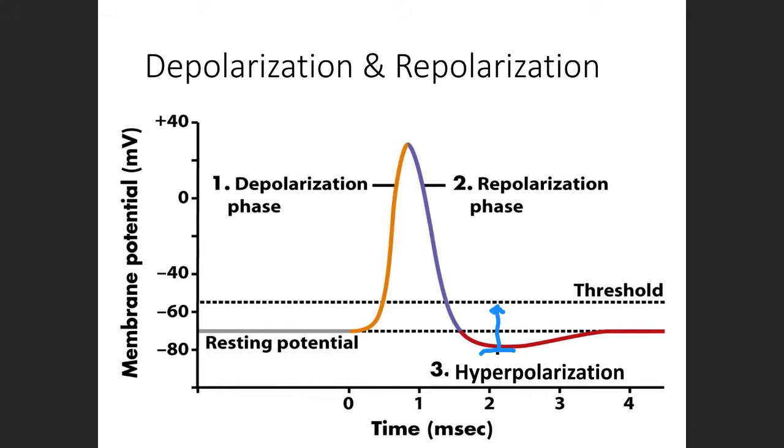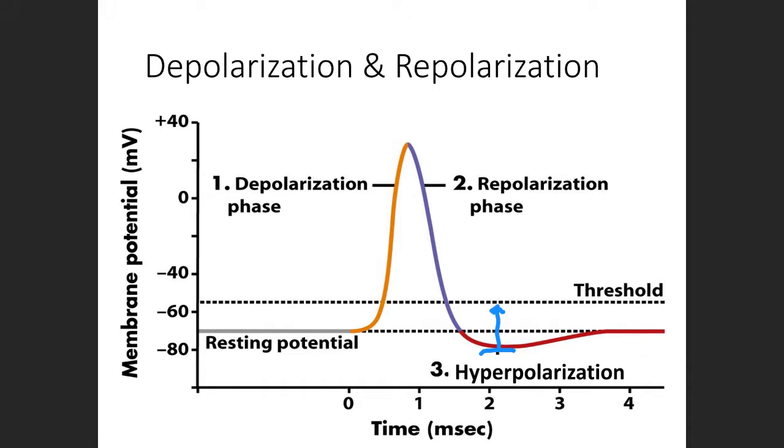And we don't want a premature response because the ions are in the wrong places. The sodium ions are on the inside, the potassium on the outside. So we need some recovery or refractory time in order to reestablish the ions on the right side of the membranes so we can handle another action potential.